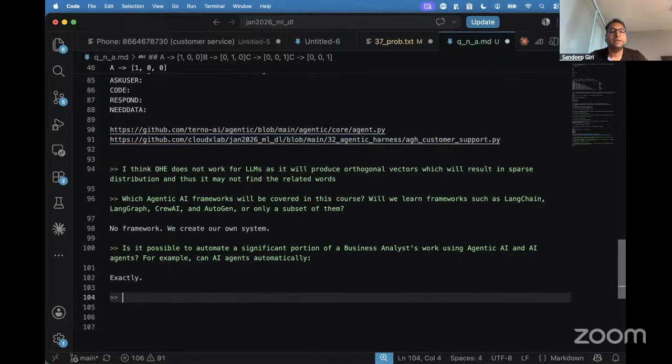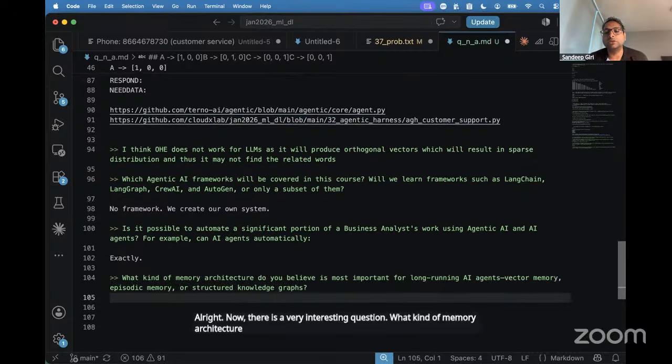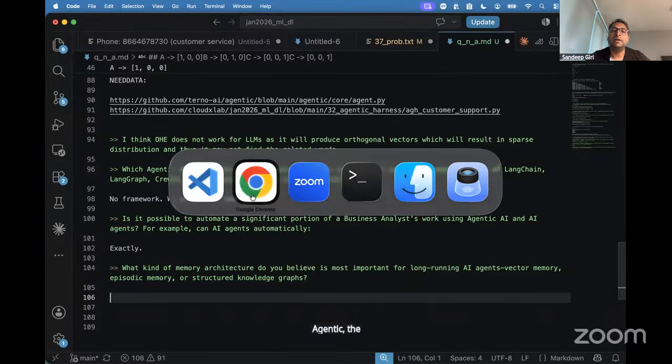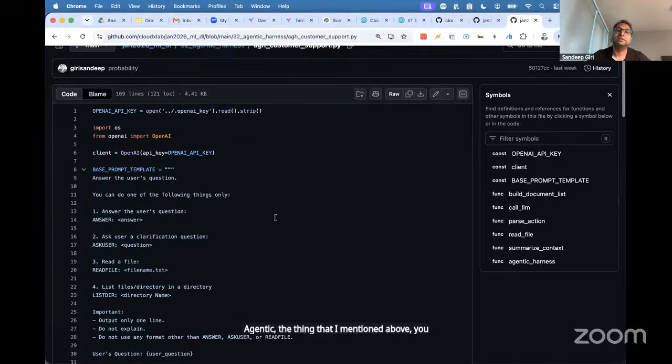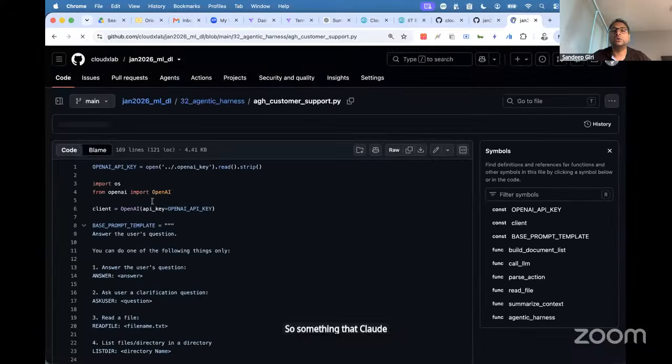All right. Now, there is a very interesting question. What kind of memory architecture do you believe is most important for a long-running agent: vector memory, episodic memory, or structured knowledge graph? Take a look at the way we have implemented the agentic thing that I mentioned above. You'll get your answer. Something that Claude Code uses, we are using the similar thing.